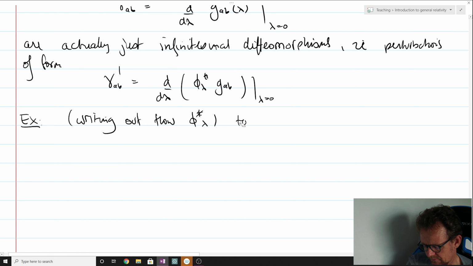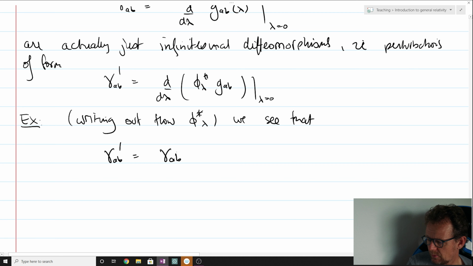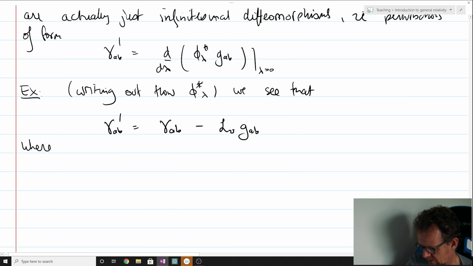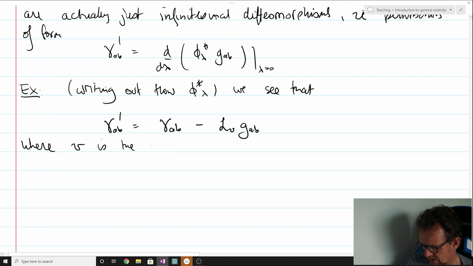We see that gamma prime is exactly a perturbation arising from a diffeomorphism when gamma_ab prime equals gamma_ab minus L_V g_ab, where V is the vector field generating the flow phi_lambda.